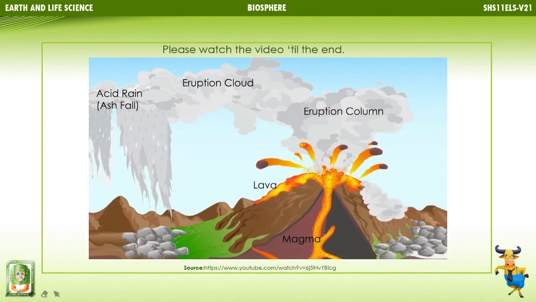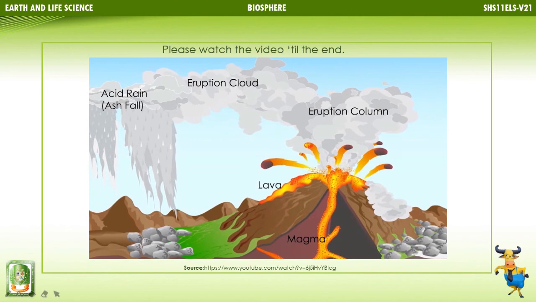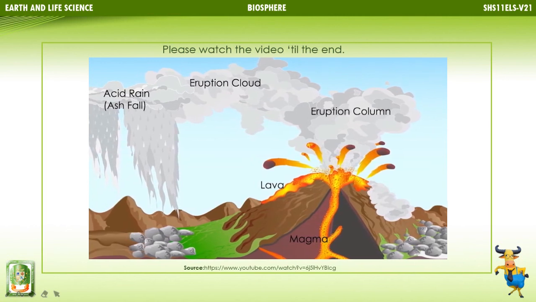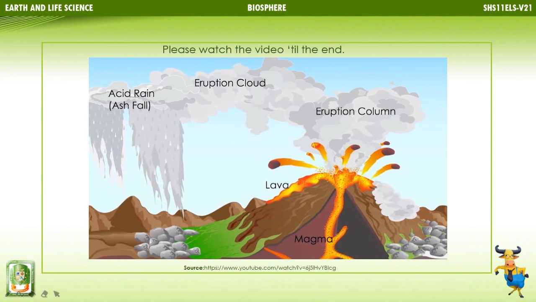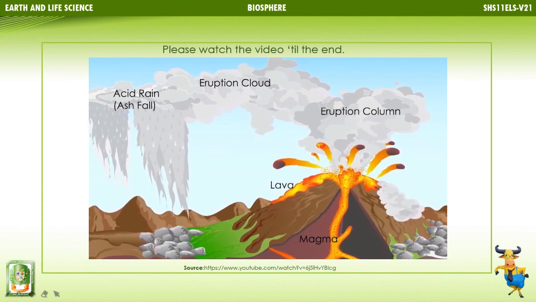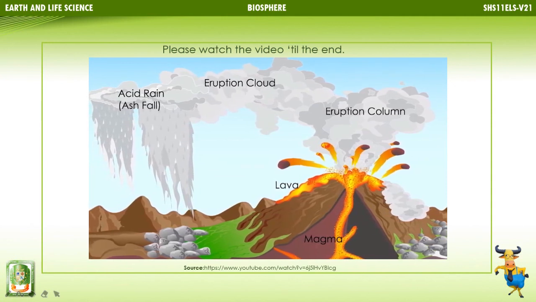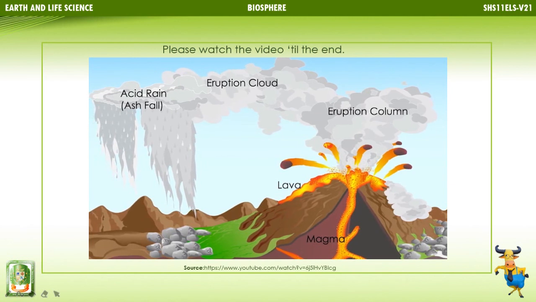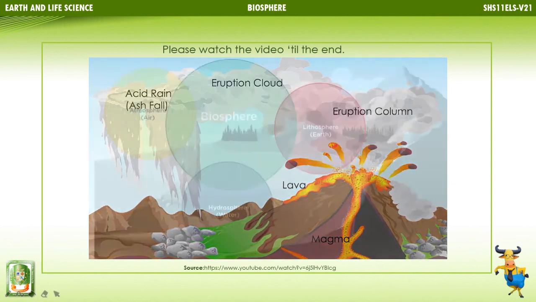A volcanic eruption affects all of Earth's spheres. The magma coming up through the Earth is part of the lithosphere. The gases and materials from the eruption move from the lithosphere into the atmosphere. The lava pouring down the volcano will change the biosphere, while the condensation of water alters the hydrosphere.